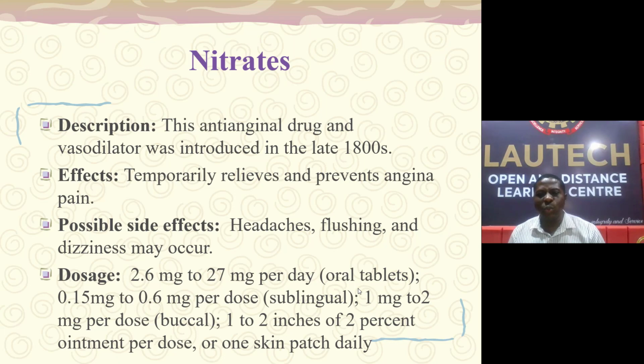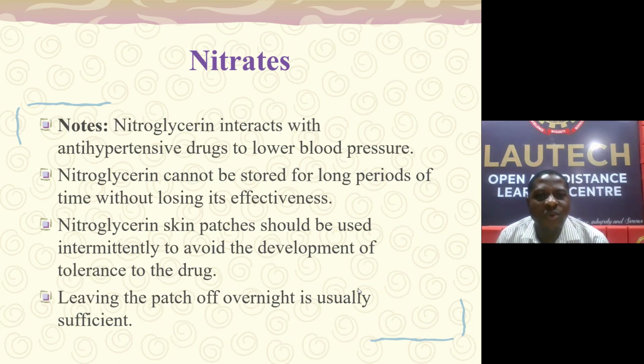Then 1 to 2 inches of 2% ointment per dose, or 1 skin patch daily. Note, nitroglycerin interacts with antihypertensive drugs to lower blood pressure. Nitroglycerin cannot be stored for a long period of time without losing its effectiveness. Nitroglycerin skin patches should be used intermittently to avoid the development of tolerance to the drug.